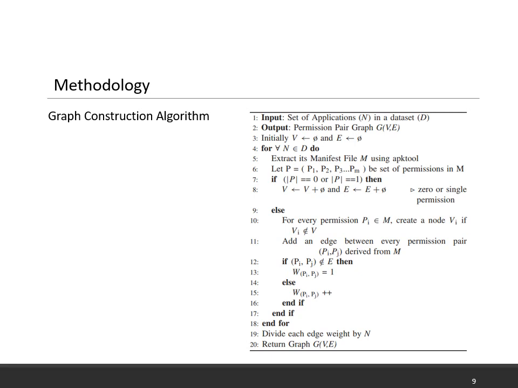Each edge weight increases with the occurrence of the same permission pair in different applications. An application with a single permission or none makes no contribution to the analysis here.